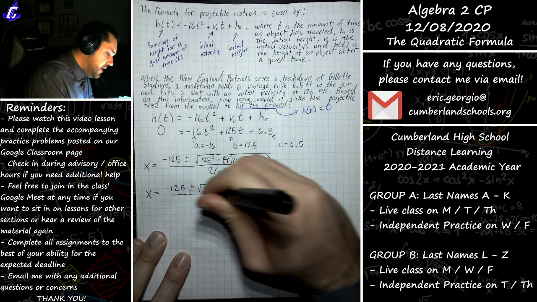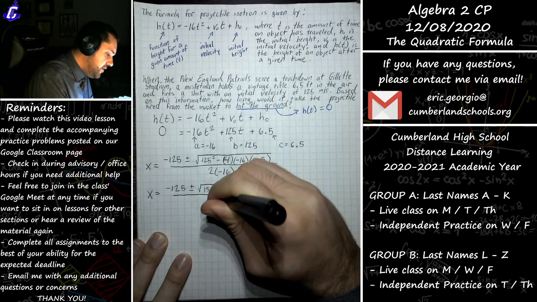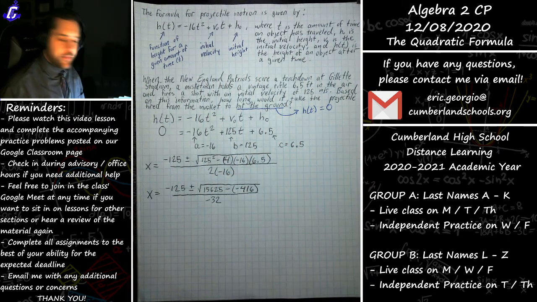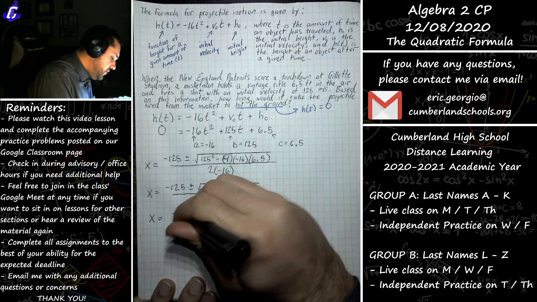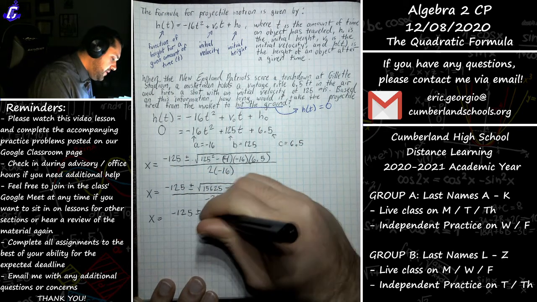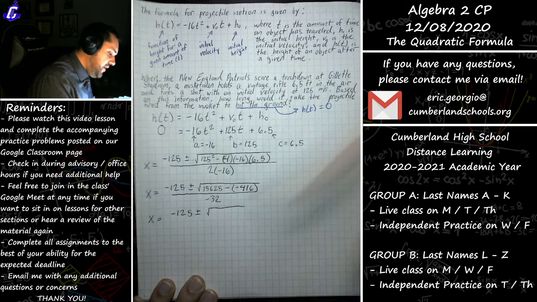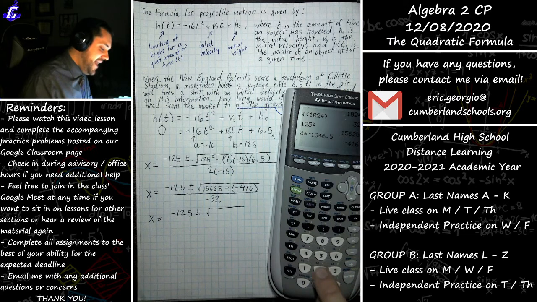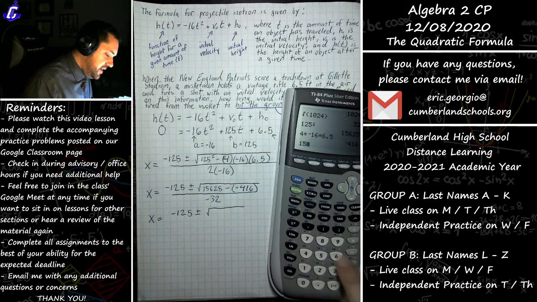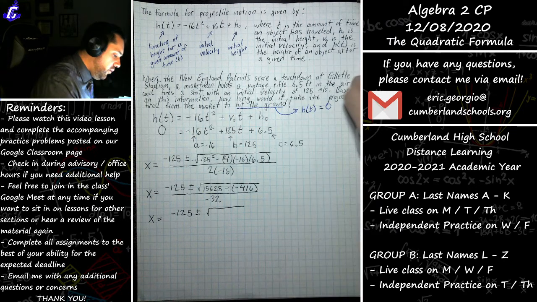All over 2 times negative 16, that's negative 32. Let's keep going. I would say x equals negative 125 plus or minus the square root of, we get 15,625 minus a negative 416, so that's going to be 15,625 plus 416. We get 16,041.